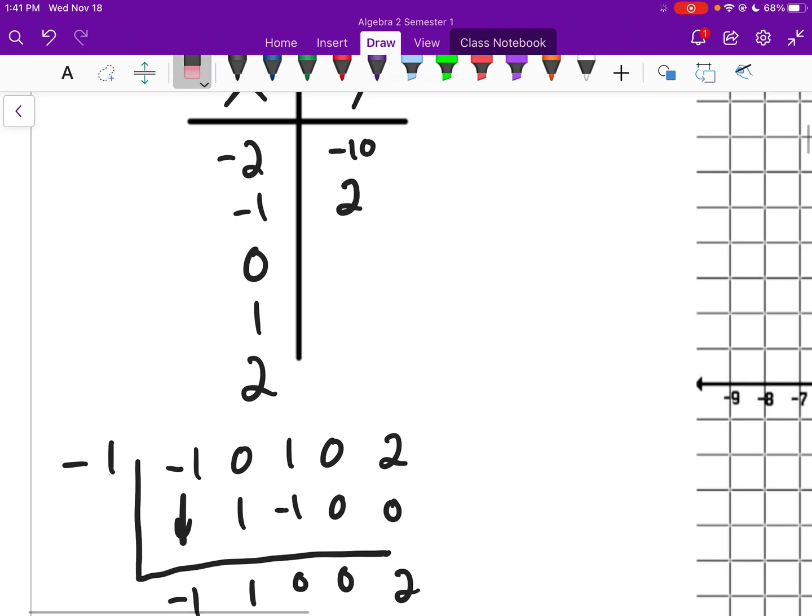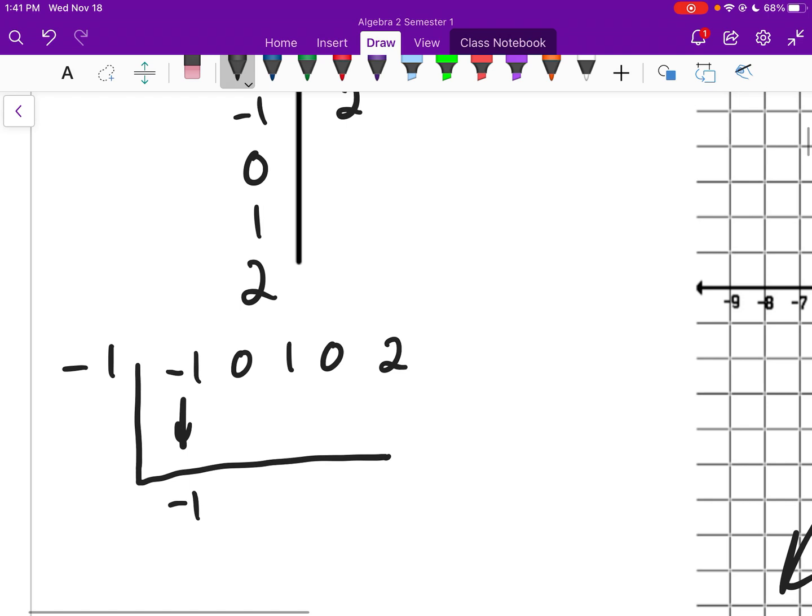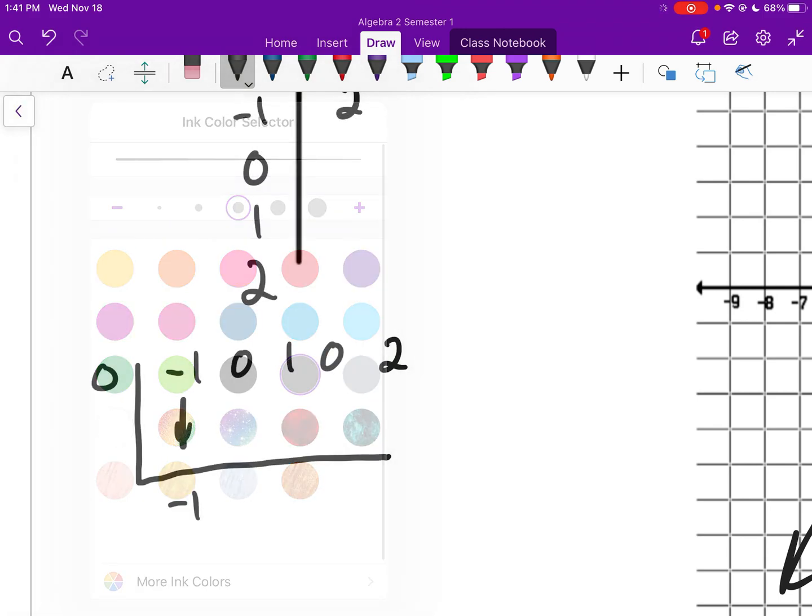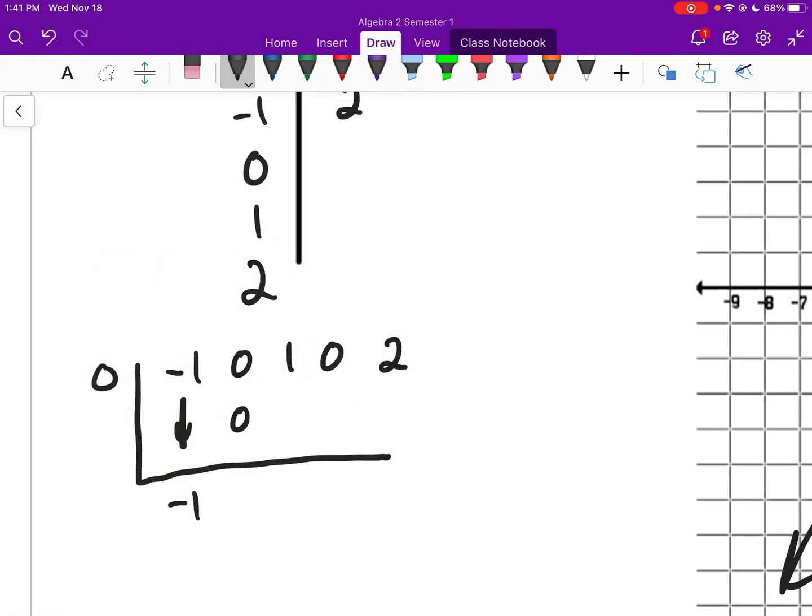So we get -1, 2. Now we're going to evaluate for 0, following the same multiply and add steps.